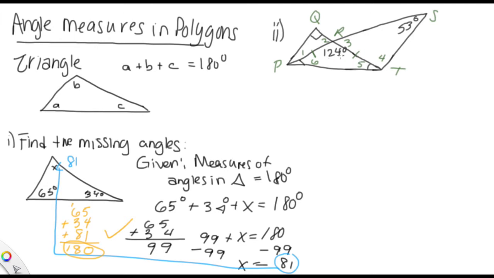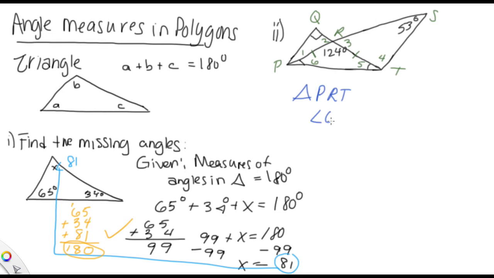Now that we have these congruent sides, let's use the fact that a triangle adds up to 180. So we can say triangle PRT would have to sum to 180. And PRT is here. Now we know that angle 5 and angle 6 are the same.